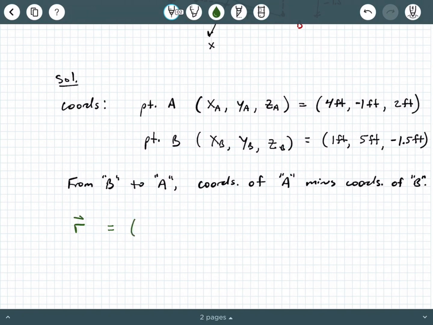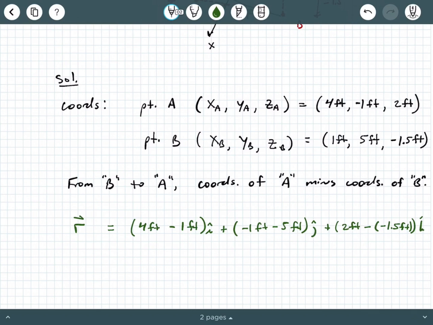So if we say from B to A, then we're going to say coordinates of A minus coordinates of B: 4 feet minus 1 foot, I, plus negative 1 foot minus 5 feet, J, plus 2 feet minus a negative 1.5 feet, K. You have to be careful because there are some negatives floating around here.